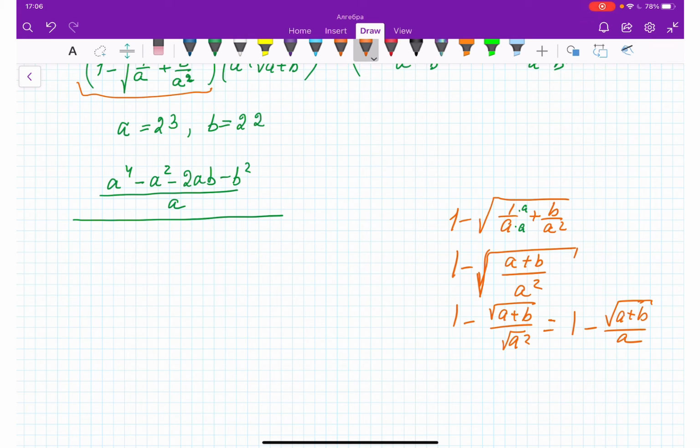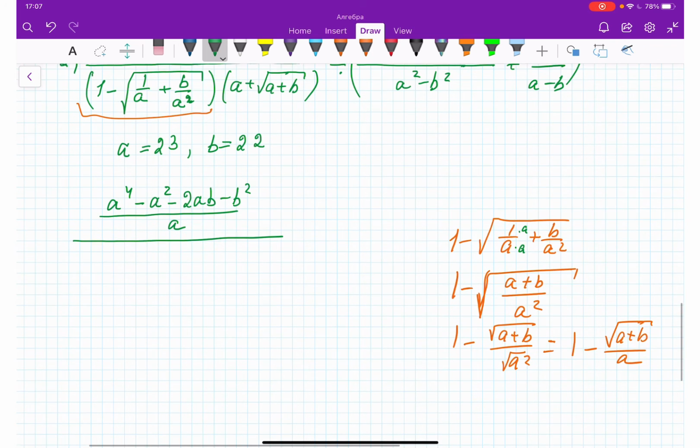And this I'm going to bring to a common denominator. So this is going to be equal to, we have denominator a, and here I'm getting a minus square root a plus b, right?